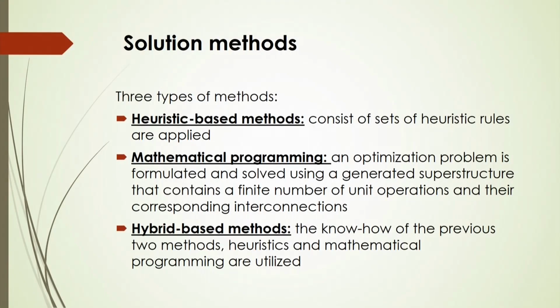Now, what are the different solution methods to get an optimized process design? There are generally 3 types of methods. One is called heuristic based methods. It generally consists of sets of heuristic rules. Mathematical programming is one of the important solution methods among the 3 methods given in the slides.